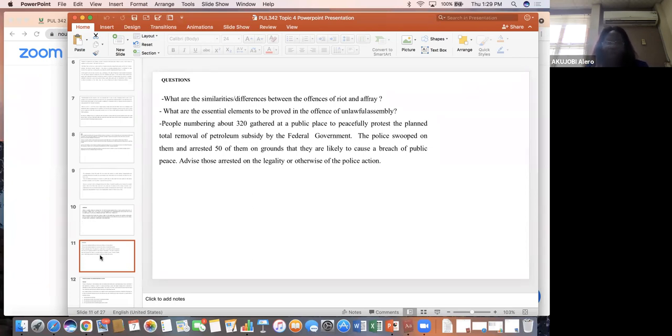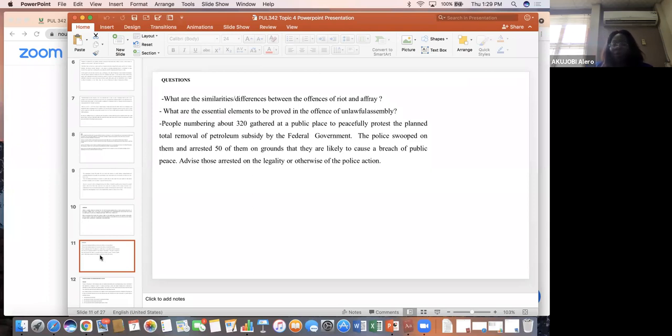Bring out the essential elements: where two or three or more people are gathered with intent to disturb the public place and conducting themselves in such a manner that raises fear in the neighborhood. Those are some of the essential elements. Now, there's a problem question I have here, which states that people numbering about 320 gathered at a public place to peacefully protest the planned total removal of petroleum subsidy by the federal government.